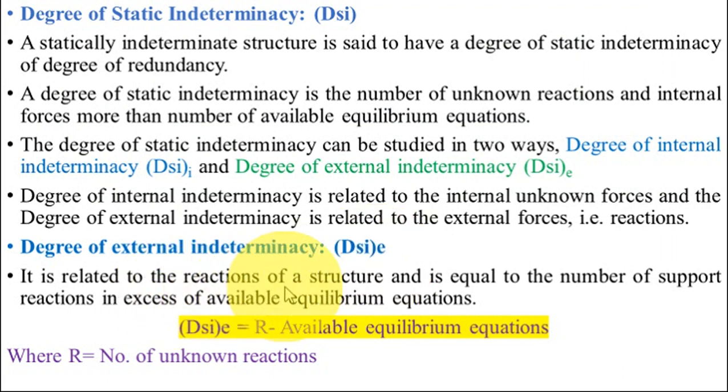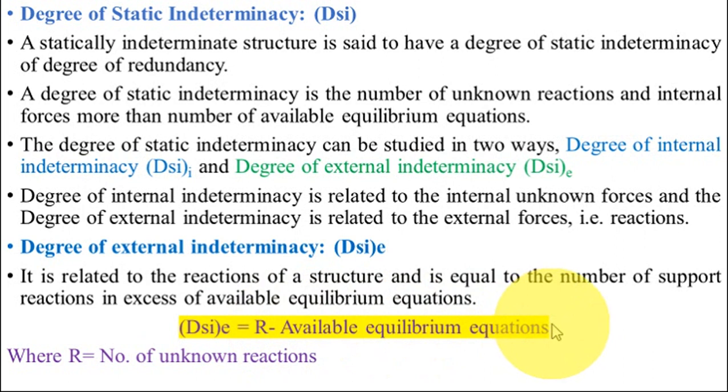It is related to the reactions of a structure and is equal to the number of support reactions in excess of available equilibrium equations. Hence a simple formula to calculate it is R minus available equilibrium equations, where R is the number of unknown reactions.